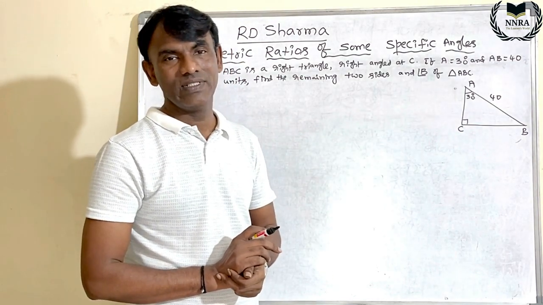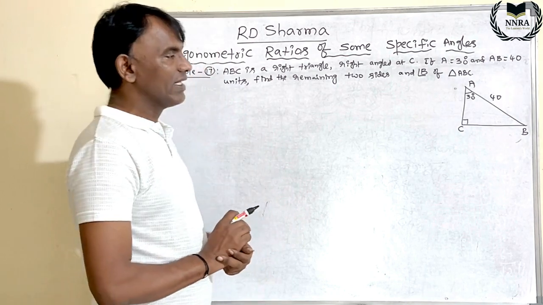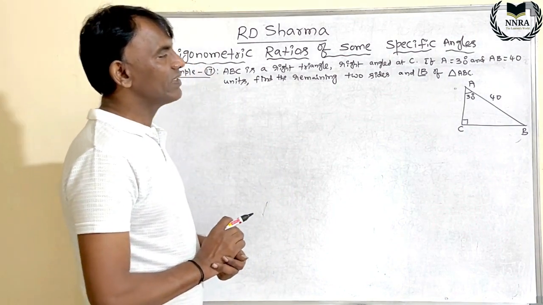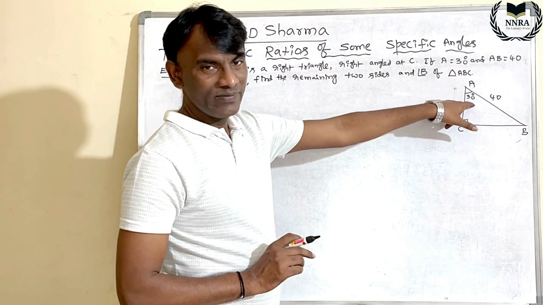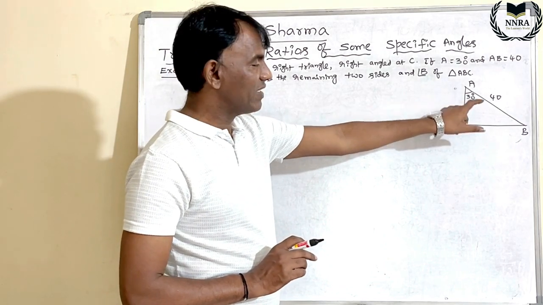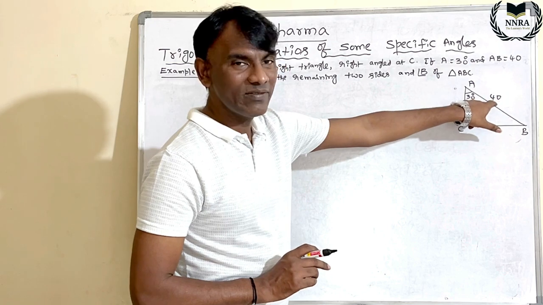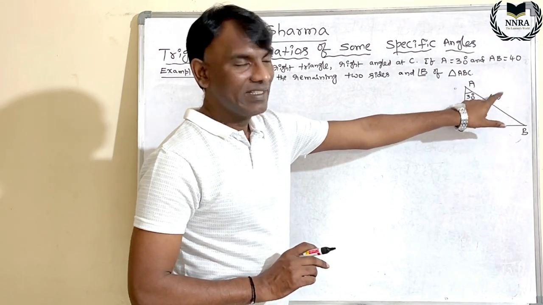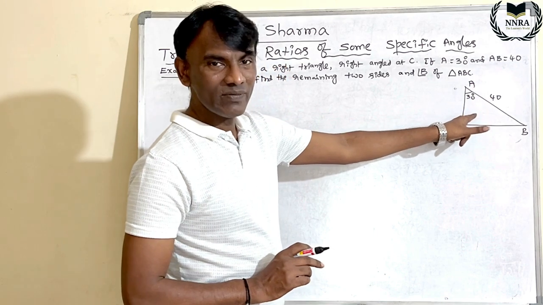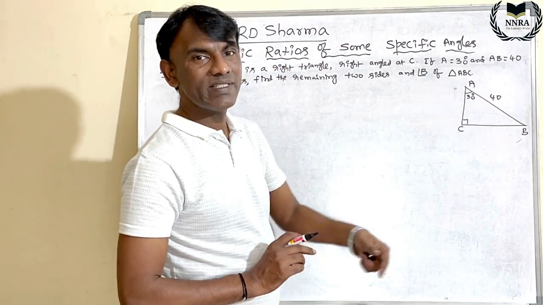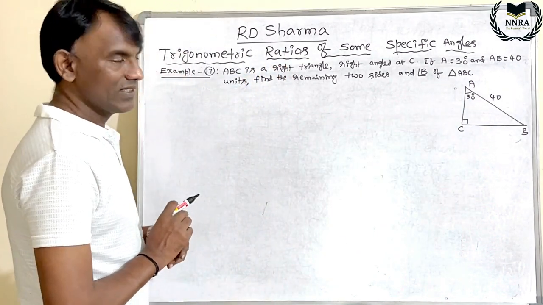It's very simple. Now, what I am doing, I am going to take sine 30 degrees. Sine 30 can be written as opposite side divided by hypotenuse. Opposite side means BC divided by this one, and sine 30 is 1 by 2. By using that, we can find that BC value. It's very clear, right?